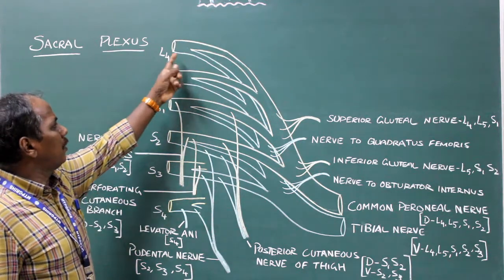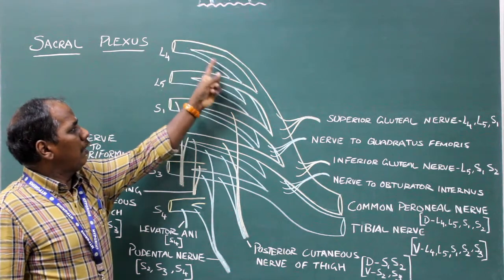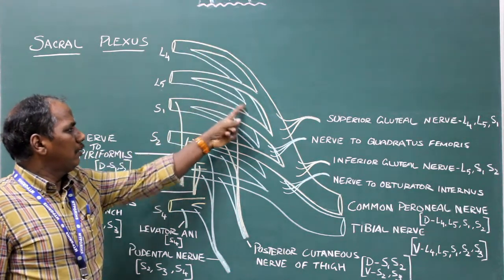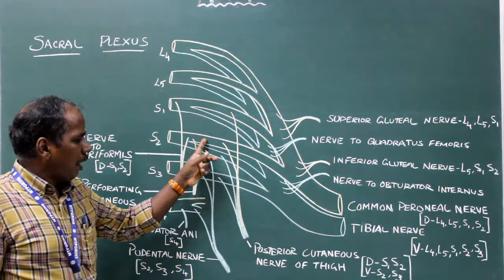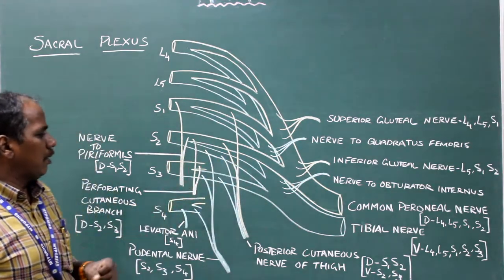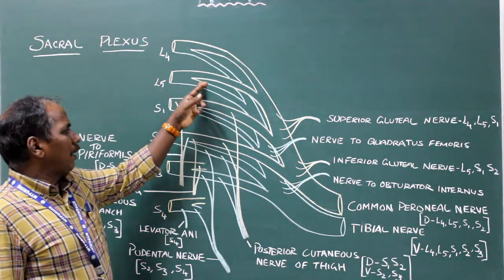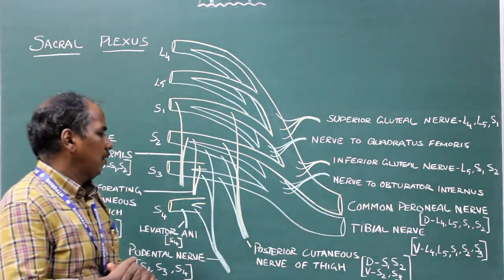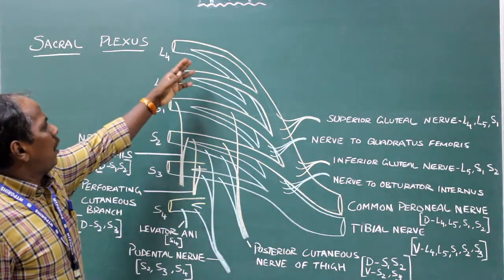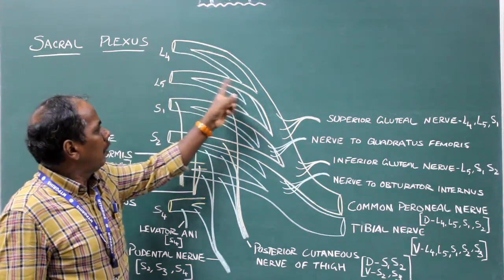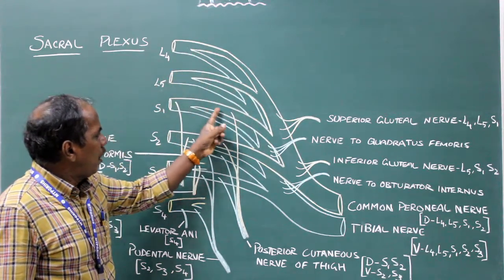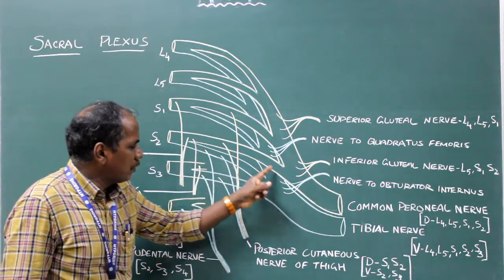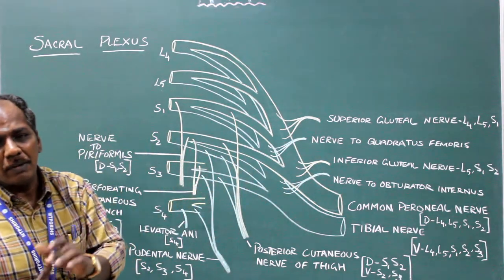Each nerve divides into a dorsal and a ventral division. The yellow color represents the dorsal division and the green color represents the ventral division. The dorsal division of L4, L5, S1 and S2 joins to form the common peroneal nerve.